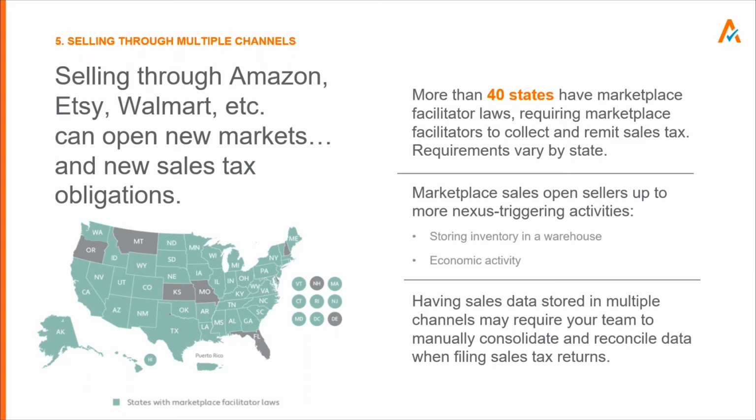They had their inventory stored in a warehouse in California. They didn't know that the inventory was being stored by this fulfillment company in a warehouse in California, but California found out, and they went to this company and required them to do the back filing for the sales taxes. So it was a very costly issue for that company.